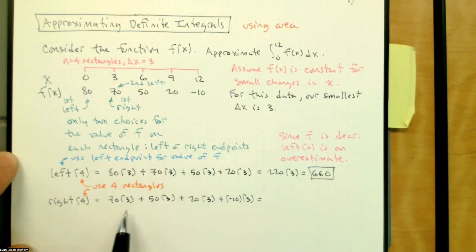I've got this 3, so I'll factor that out. I got 140 minus 10 is 130.